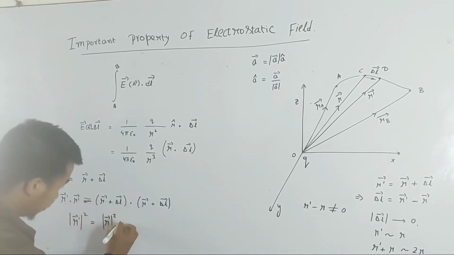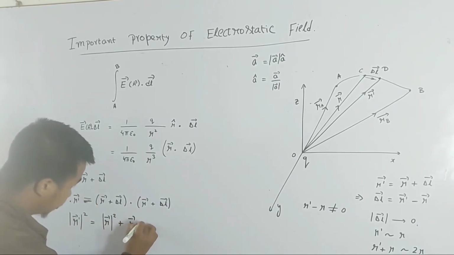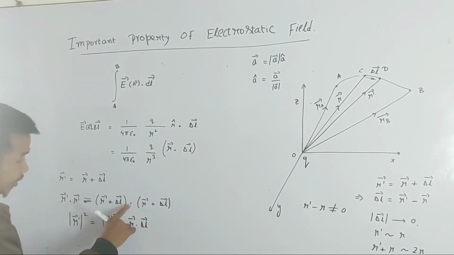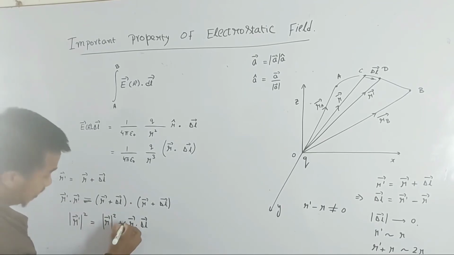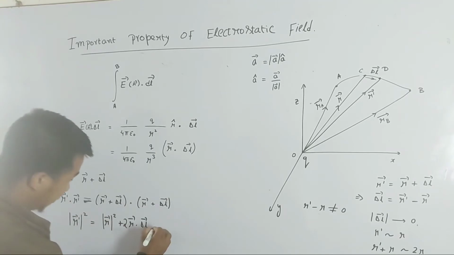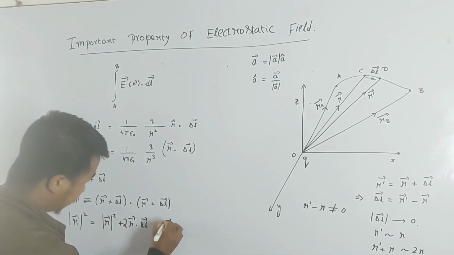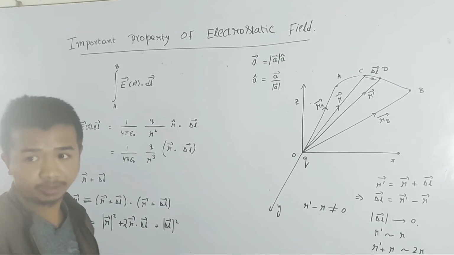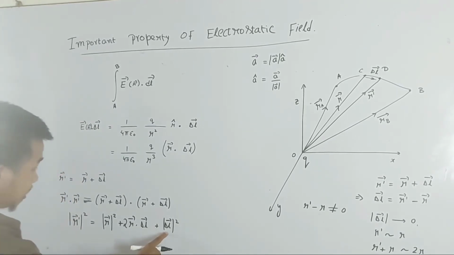R dot delta L becomes R dot delta L. Next, delta L dot R, which is the same thing as R dot delta L, so multiplied by 2. Delta L dot delta L becomes mod of delta L square. As I have mentioned earlier, this delta L is a very small quantity. Since it is a very small quantity, if we square the small quantity, it will be much smaller. So therefore, this one is negligible.